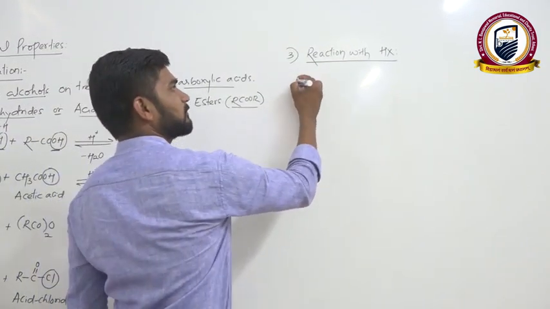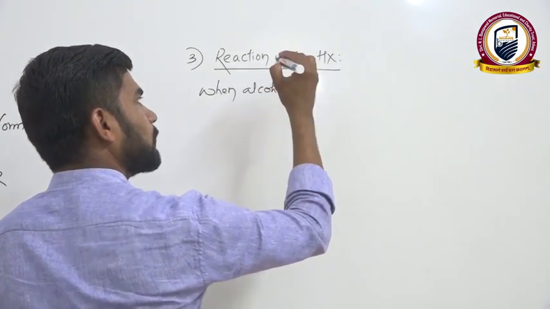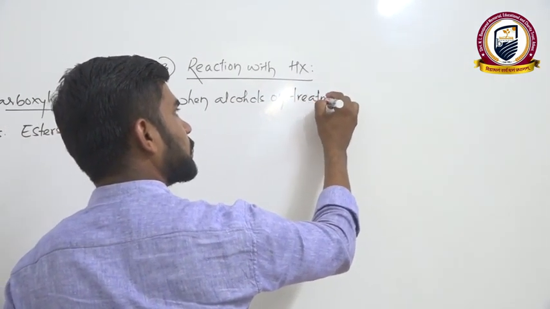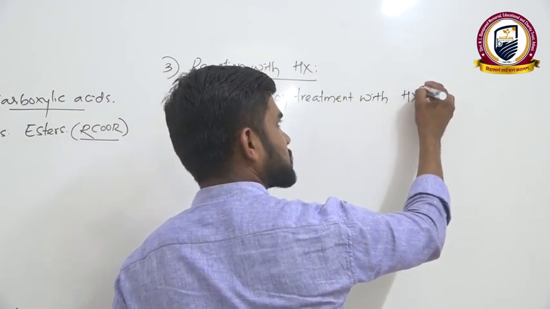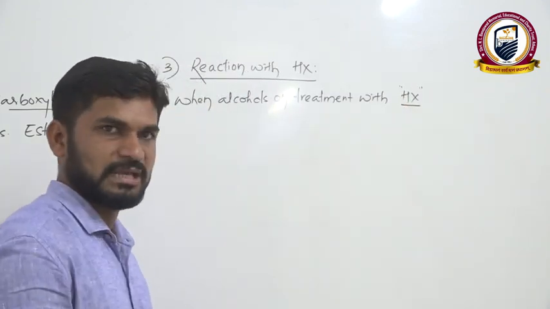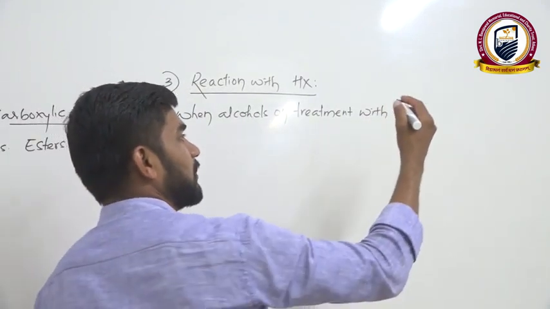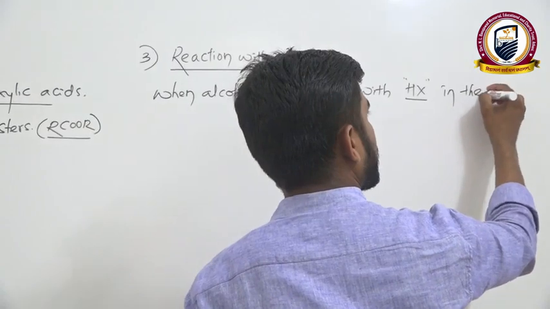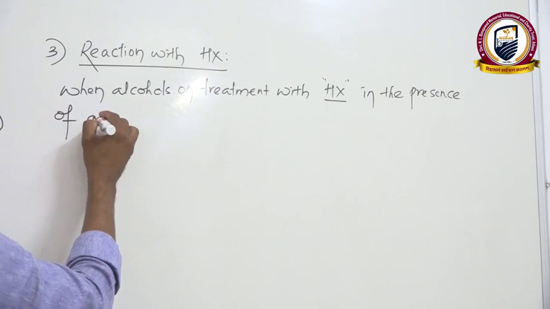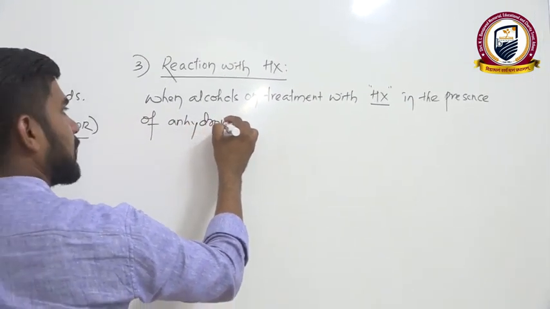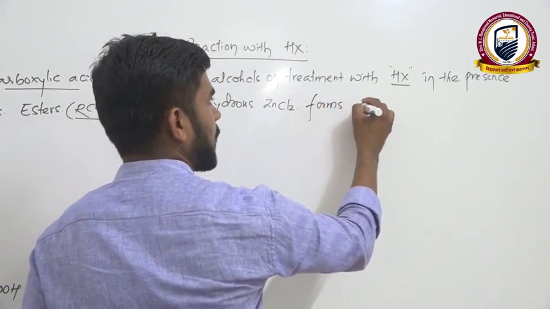Here X is a halogen which can be chlorine, bromine or iodine. In the presence of anhydrous zinc chloride, ZnCl2, this forms alkyl halides.